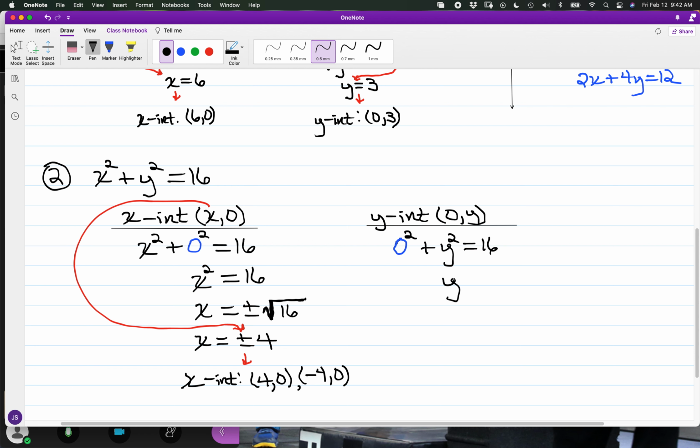Just like what we had for x squared, we have y squared is equal to 16. For the follow through, again, we can apply the square root property of equality. So as we go from y squared to y, we have y equal to plus or minus the square root of 16, and we have that y is equal to plus or minus 4.